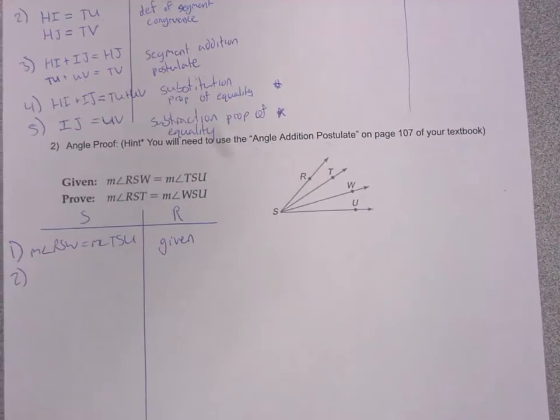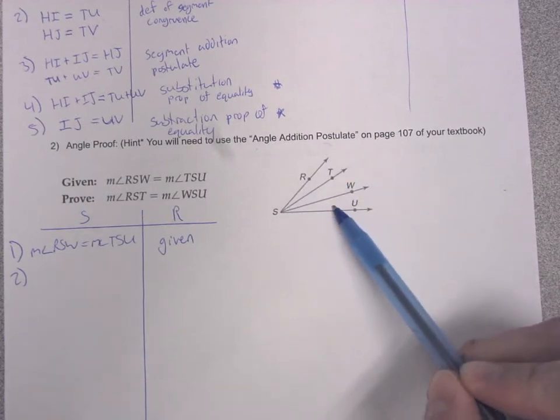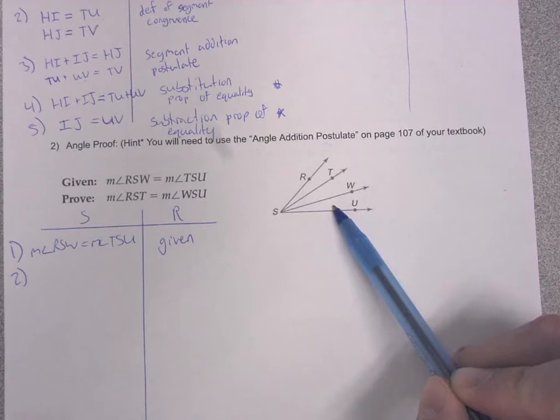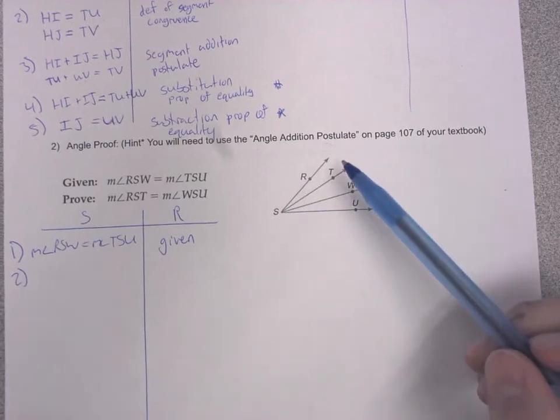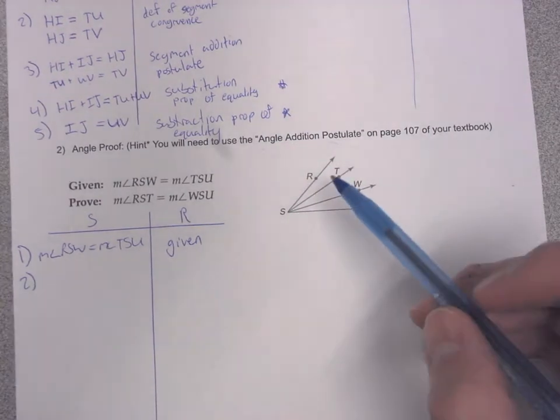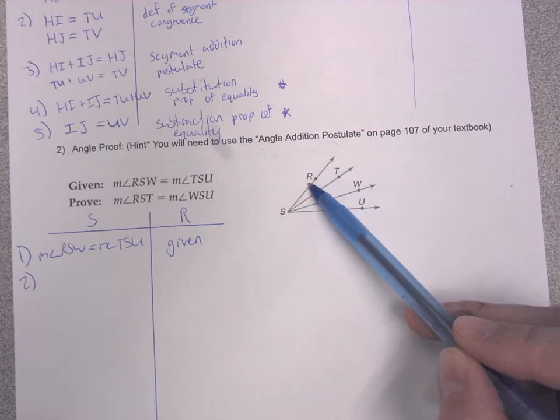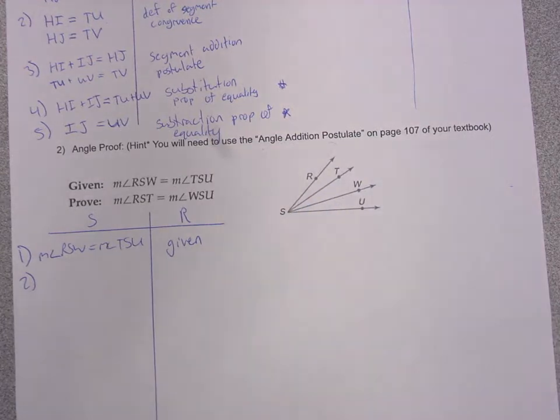All right. I want to know something about RST, which is this little guy, and WSU, which is this little guy. So we have to think about the relationship between the small angles and the bigger angles, and then state that relationship. So I know that angle RST plus angle TSW equals angle RSW. Actually, I should say the measure.